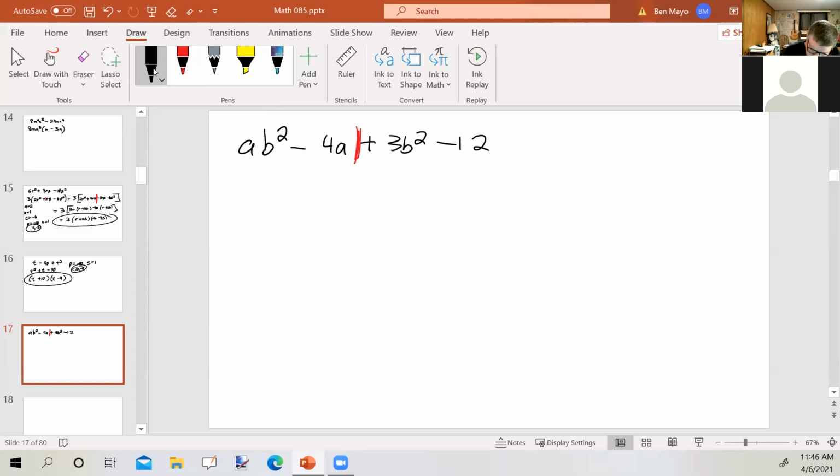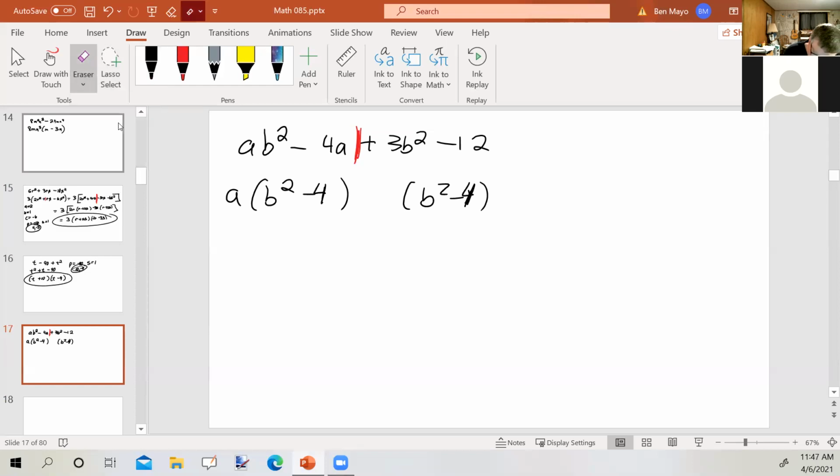So the greatest common factor of the first 2 terms would be a, and the leftovers would be b squared minus 1. Well, if that's going to work, then we have to have a b squared minus 1 over here. Oh, it isn't b squared minus 1, is it? It's b squared minus 4.